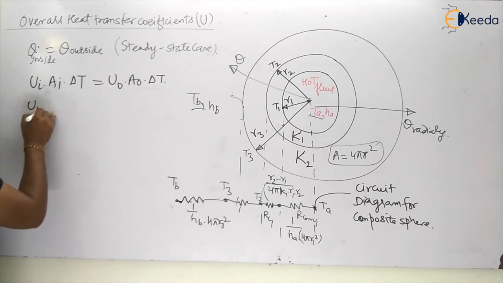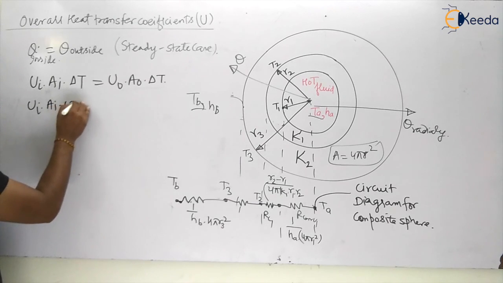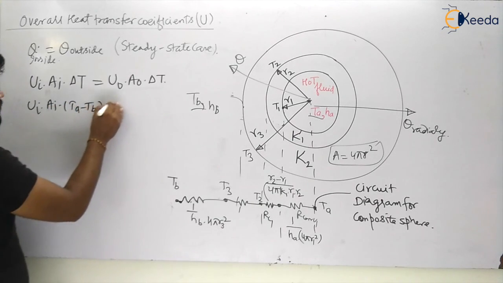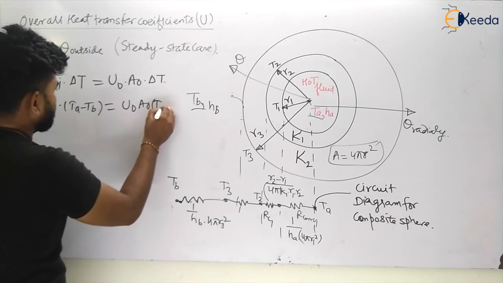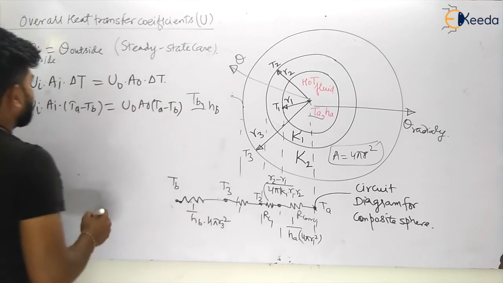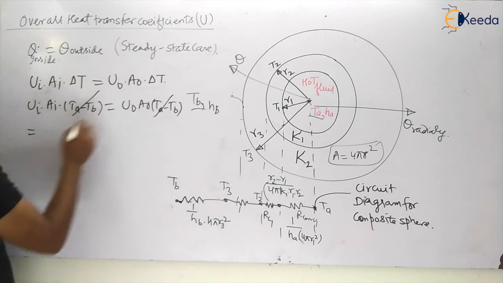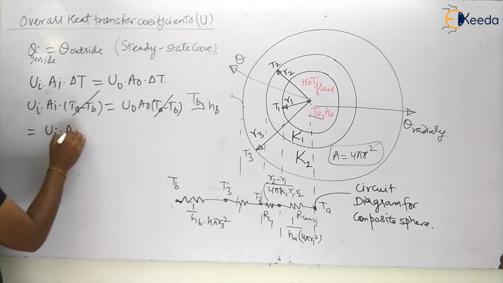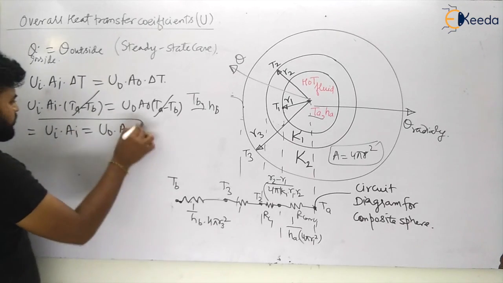So UI AI into TA minus TB equals U naught A naught into TA minus TB. If I cancel this, it will become UI into AI is equal to U naught into A naught. So my dear student, this will be the case.